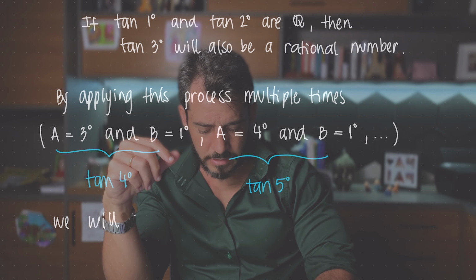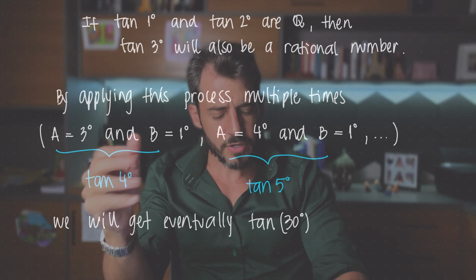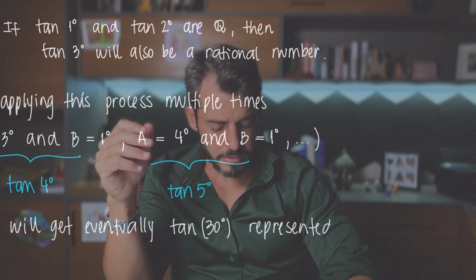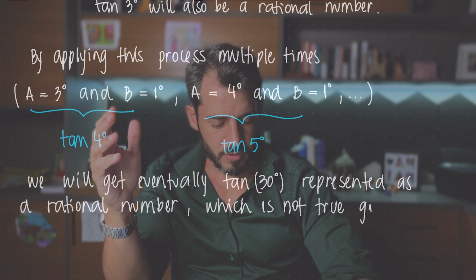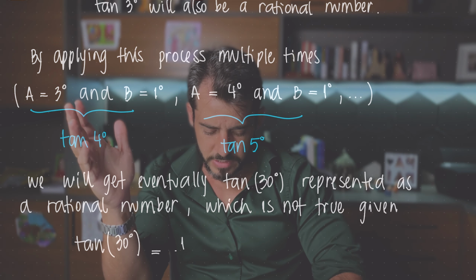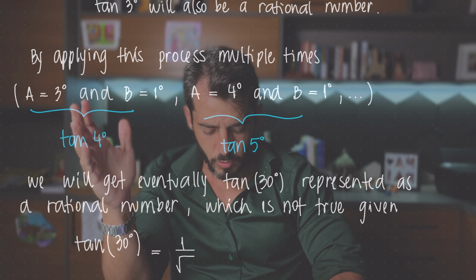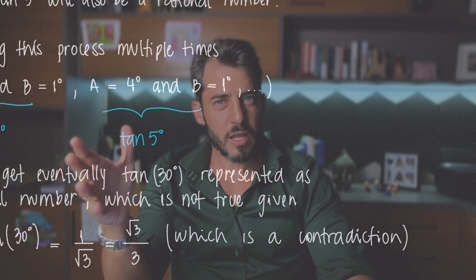We will get eventually a tangent of 30 degrees. We will get to 30 represented as a rational number, which is not true. What is tangent of 30 degrees? Tangent of 30 is, you can represent it as 1 over root 3 or root 3 over 3, which is a contradiction. So here lies the contradiction.